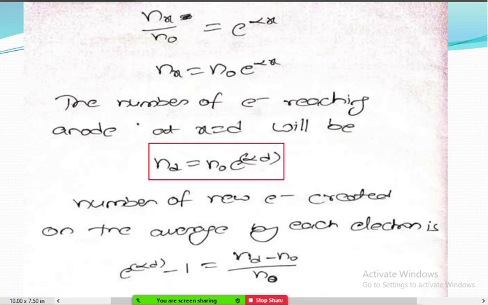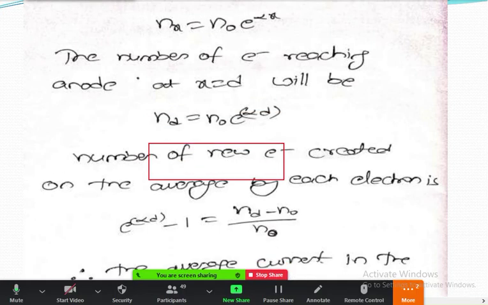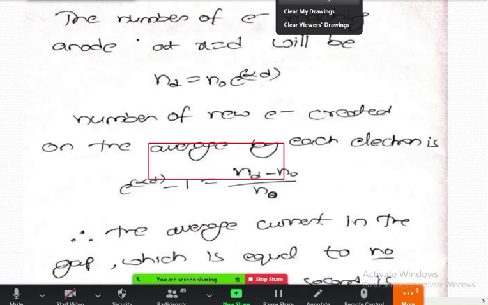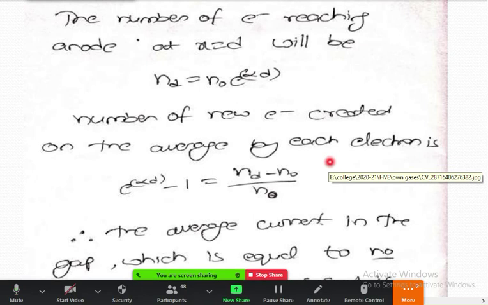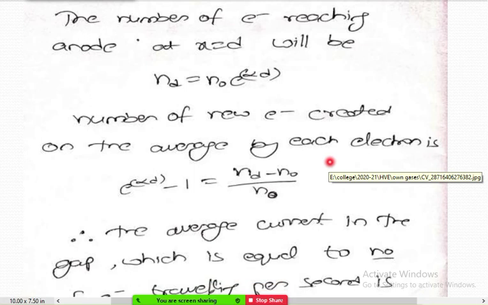Further, you can draw some small inferences here. nd is equal to n naught into e power alpha d is the required equation. See, the number of new electrons created on average by each electron: electrons are moving from cathode to anode, so in between the journey, how many new electrons are created?